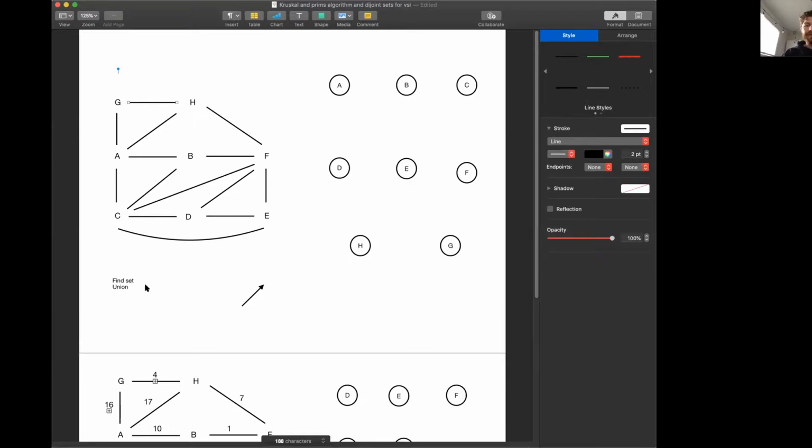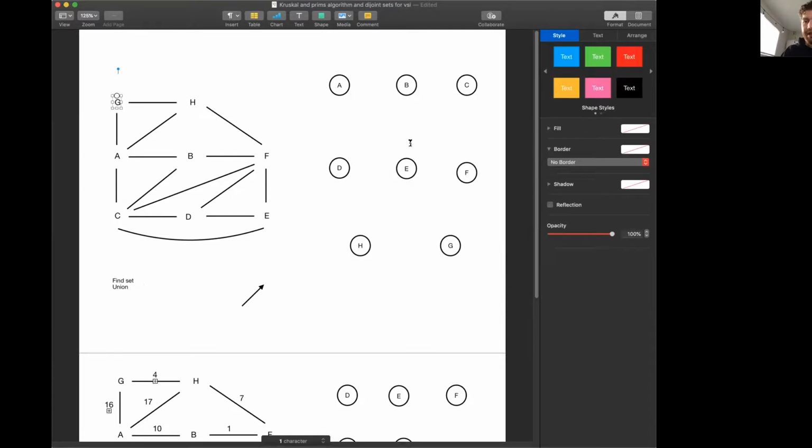The purpose of the find set operation is to tell me what the parent is in this disjoint set. And since G is a disjoint set by itself and it has no parent, it will be the parent. So if I call find set on G, it will give me G. And if I call find set on H, it will give me H, because clearly they are in two different disjoint sets.